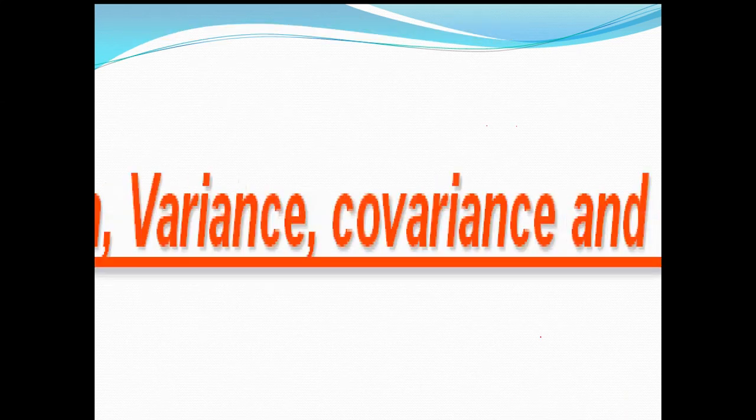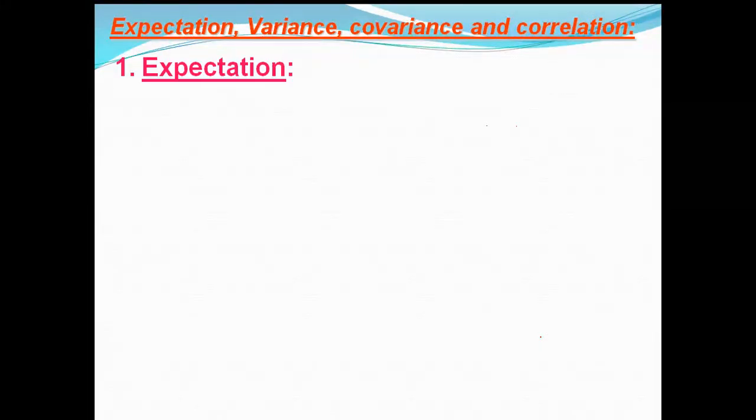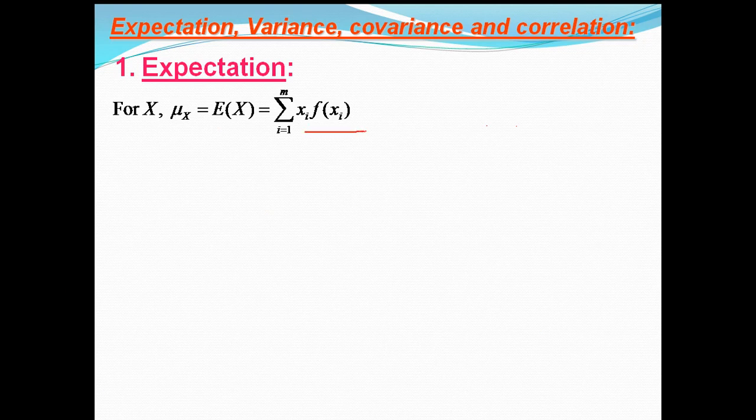Now we'll move to the next concept, that is expectation, variance, covariance, and correlation. Expectation for the random variables X and Y. For the X distribution, expectation of X is equal to summation xi into f(xi) for i equal to 1 to m.